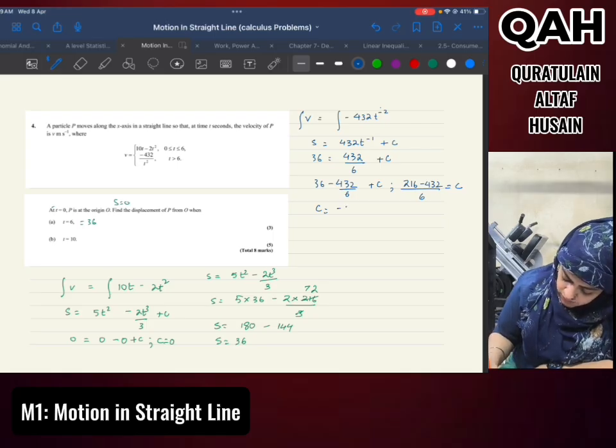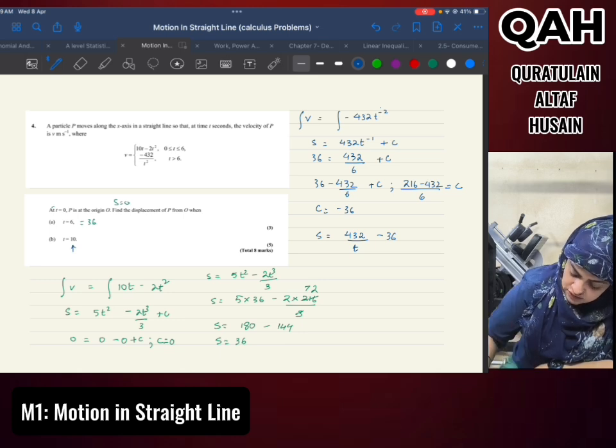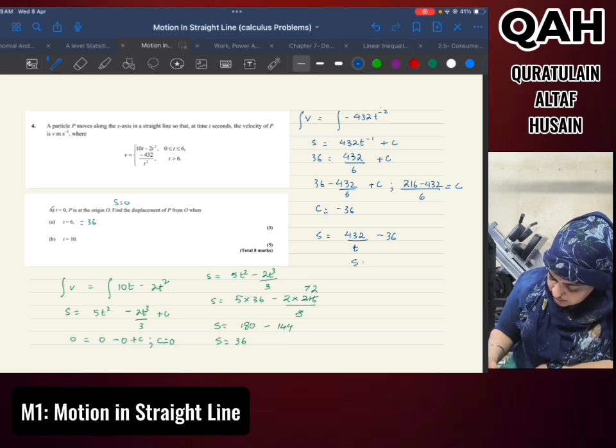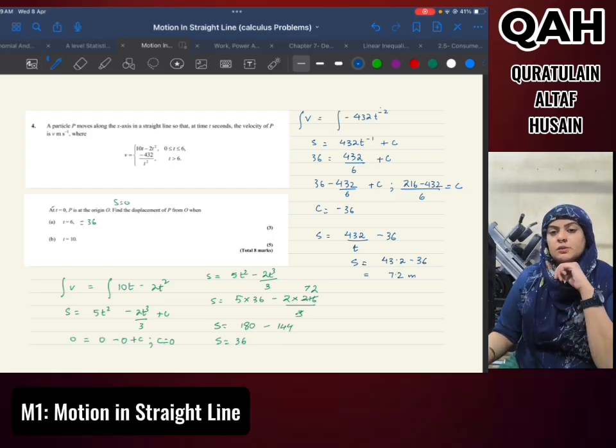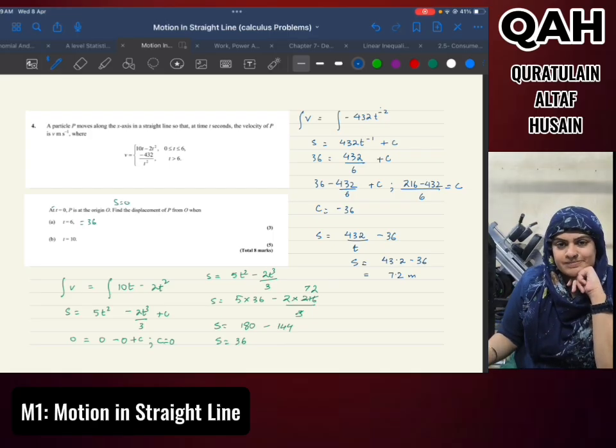C is equal to minus 36. So displacement is 432 upon t minus 36. Now we put t is equal to 10 in it. S is equal to 432 divided by 10 is 43.2 minus 36 is equal to 7.2 meters. We will stop here.